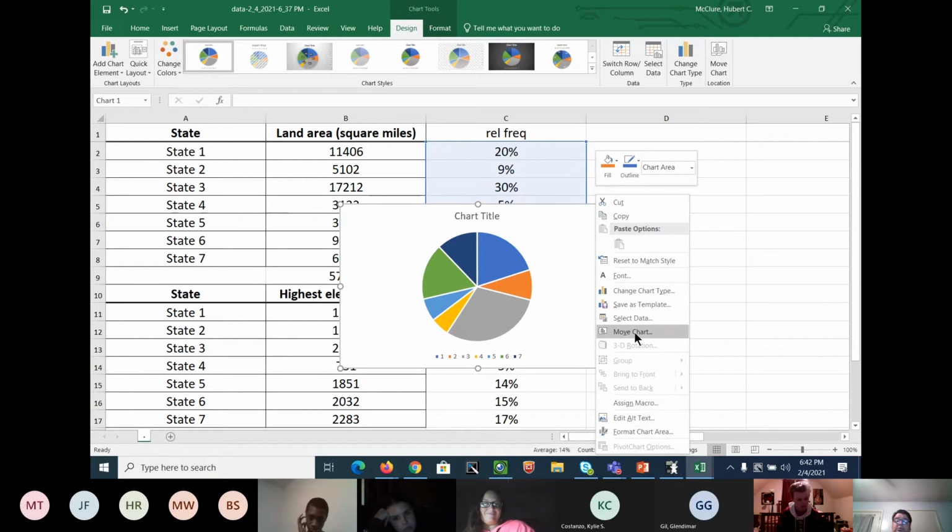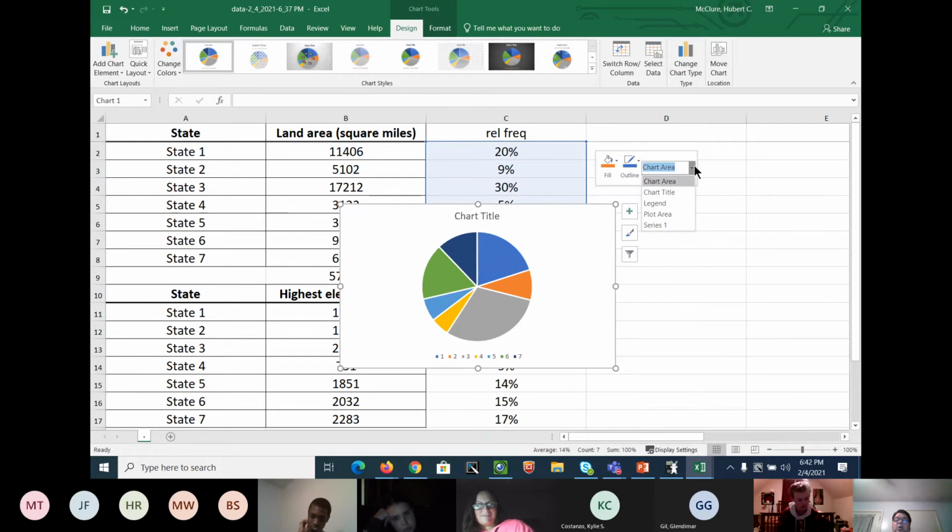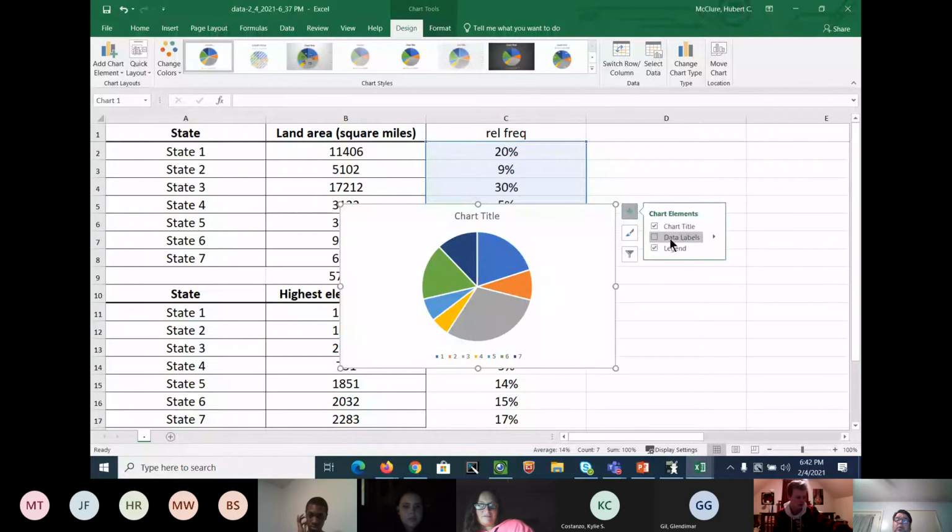I've changed this. Give me a second. Data labels. There we go. And there are your percentages.